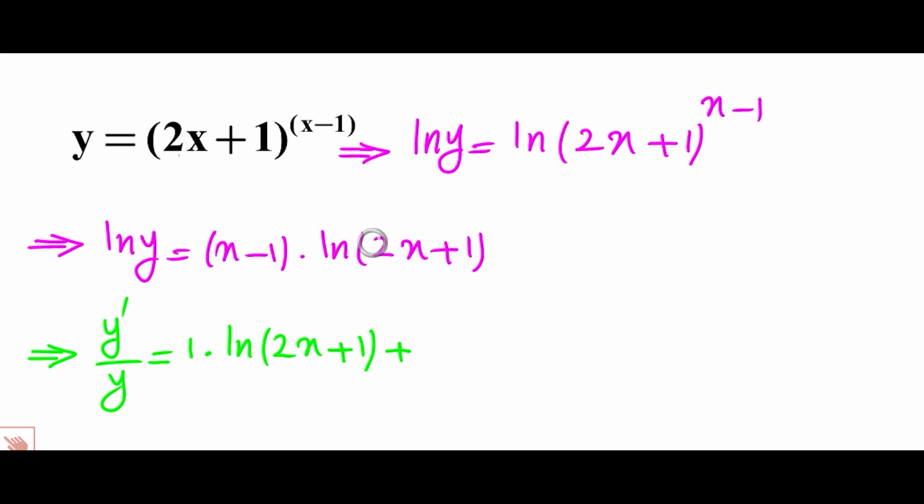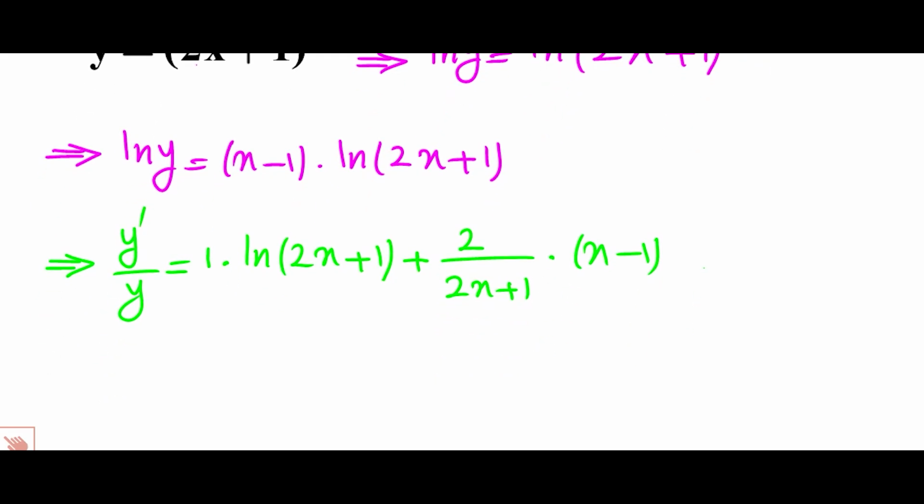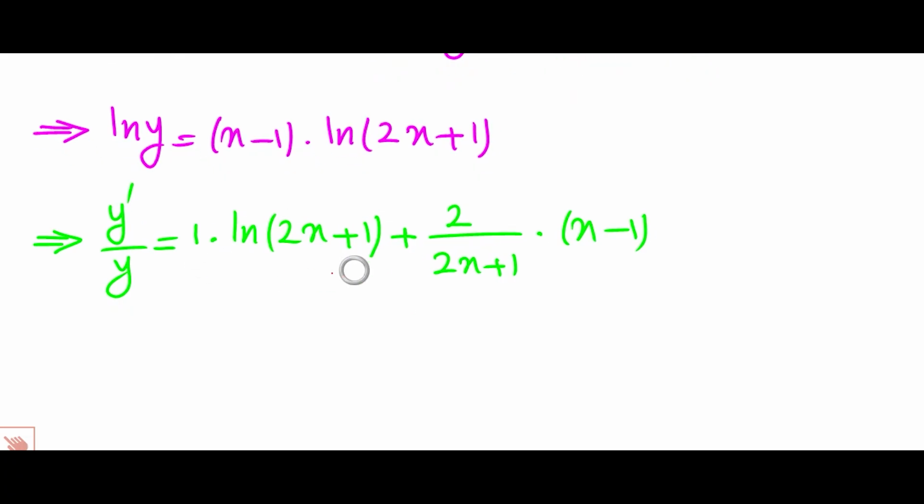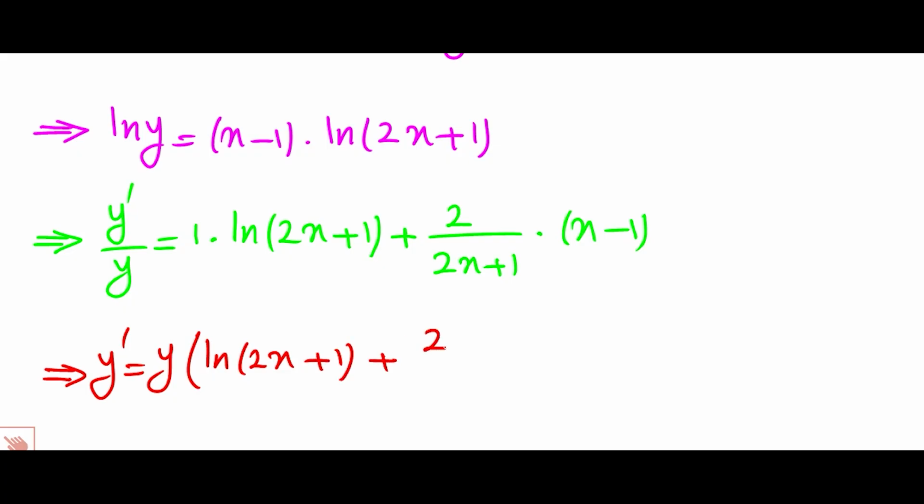The derivative of ln of 2x plus 1 is equal to 2 over 2x plus 1 times the first, x minus 1. Okay, so if we multiply both sides of the equation by y, we have y prime is equal to y times ln of 2x plus 1 plus 2 over 2x plus 1 times x minus 1.